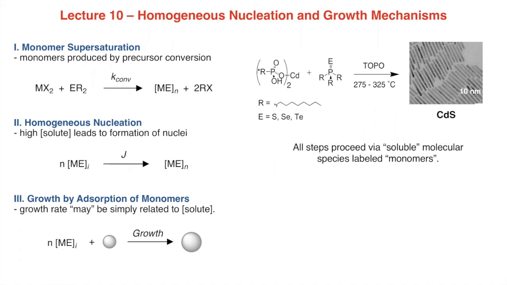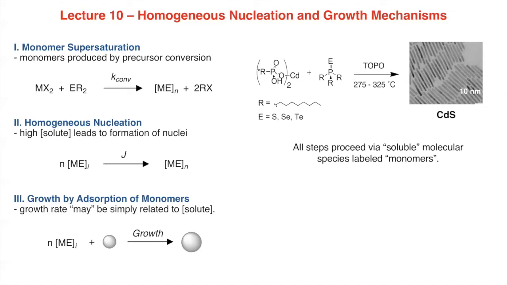And what this does is it slowly produces monomers in the solution or solutes that then begin to assemble into crystals. Okay, and so these reactions have this kind of monomer or solute generating mechanism in them where the molecules added react with each other with some kind of conversion kinetics to make soluble units of the product.